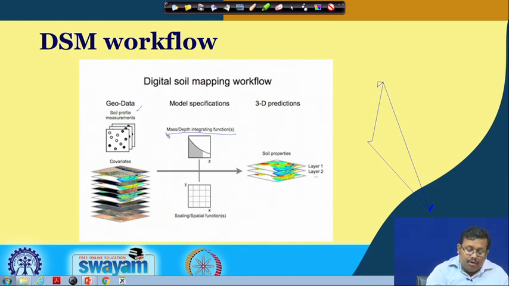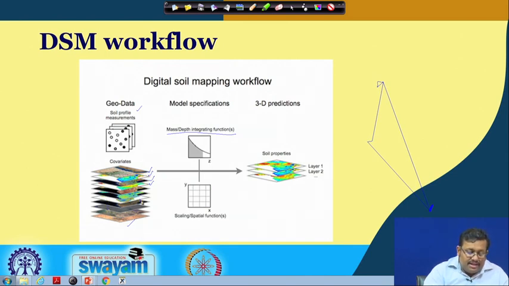So, once we harmonize this data into these individual depth layers, the next step is to gather several covariates. Now, these covariates can be gathered from the digital elevation model, from other sources, and then from spectral reflectance values, elemental values, and each of them will be considered as an individual layer. So, basically we will stack them together to produce a stacked raster file.